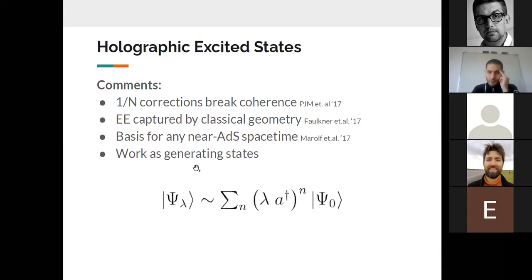And one could also argue that this works sort of as a generating state, in the sense that one can try to derive one time with respect to lambda and end up with an approximation of the one particle, two particle, and n particle states. I will take this with a grain of salt, but for an easier way to compute something that has to do with one particle, it would be something useful to study.